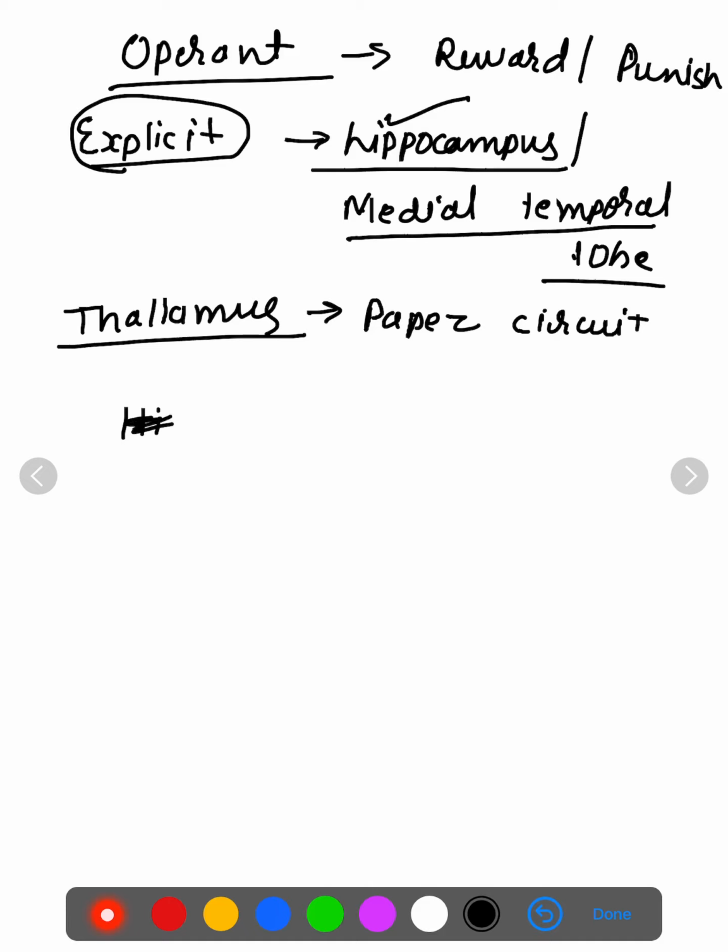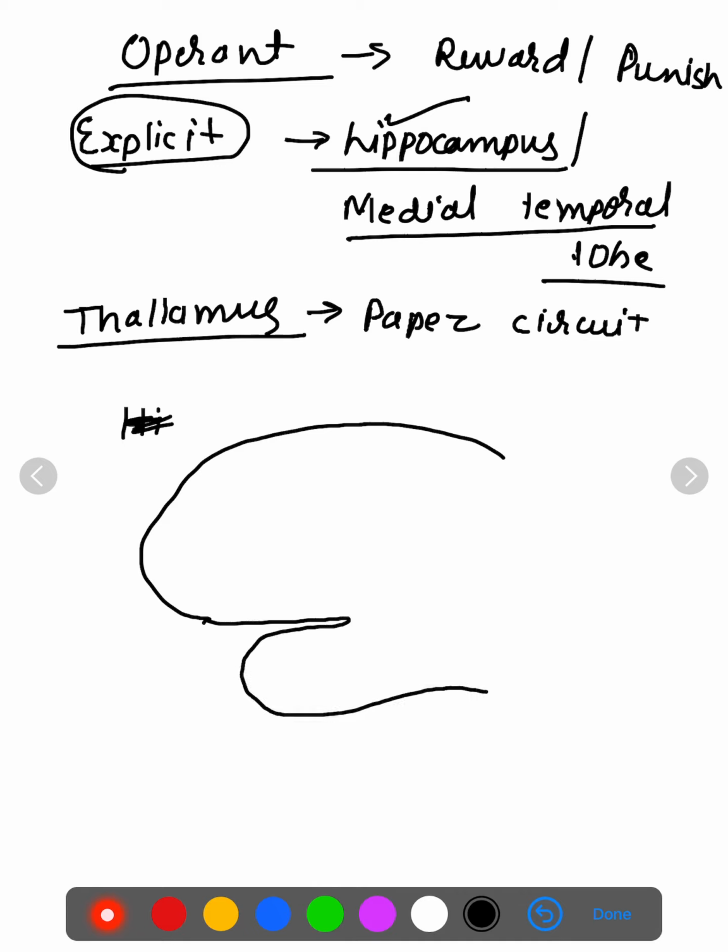I will show you exactly how memory is stored. So this is your lateral view of the cerebral cortex.